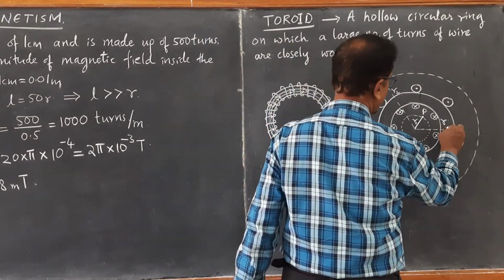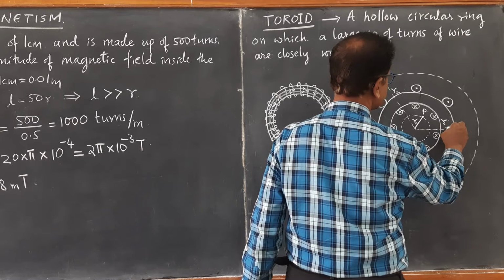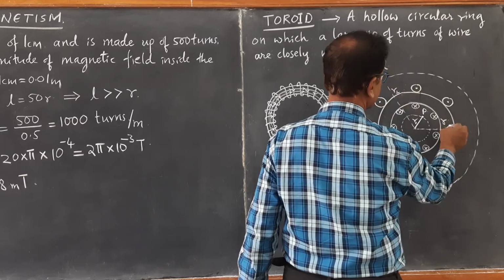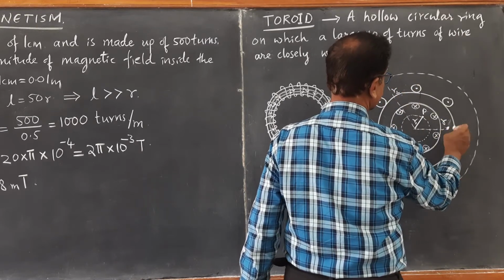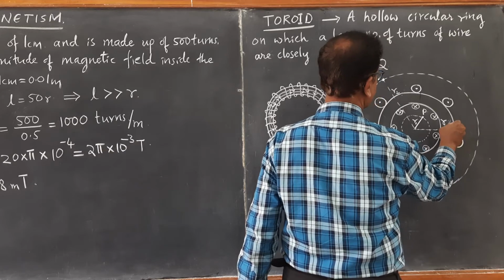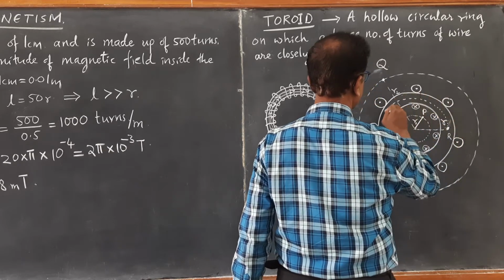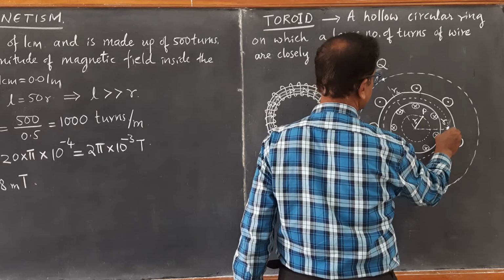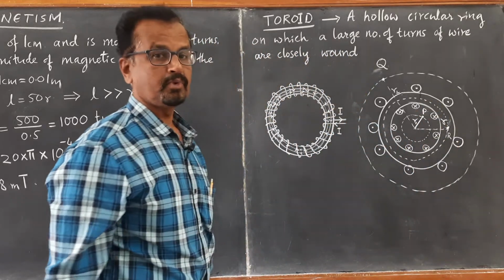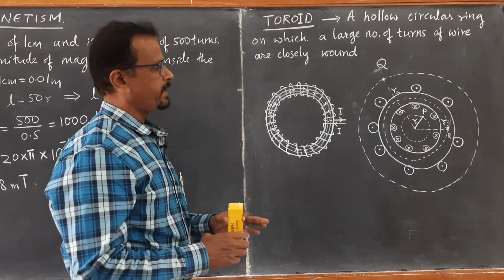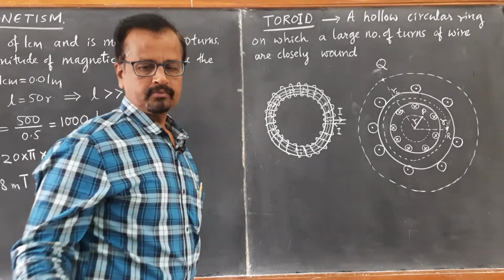And to cover this point at an average distance R, this is P, Q, let us say this point is capital R. So, I am drawing one more Amperian loop of radius small r. Now, I can apply Ampere's Circuital Law one by one.